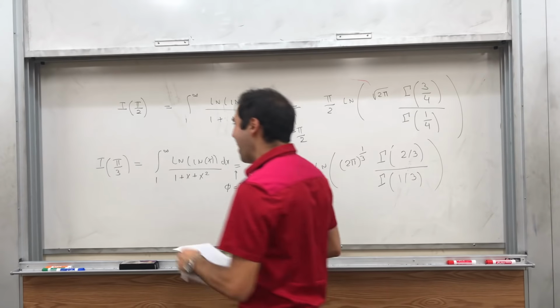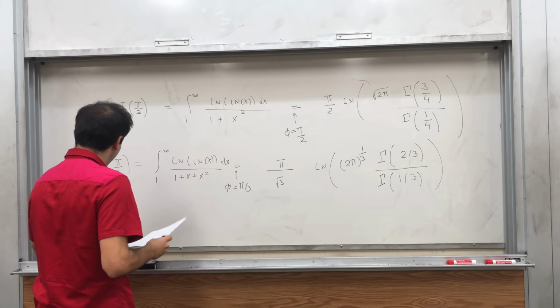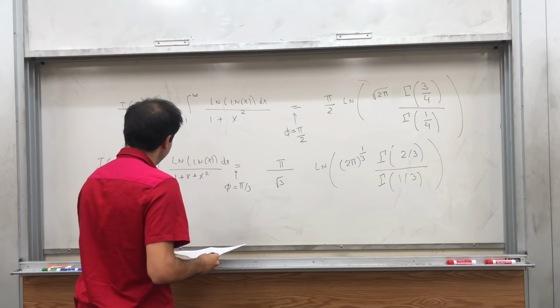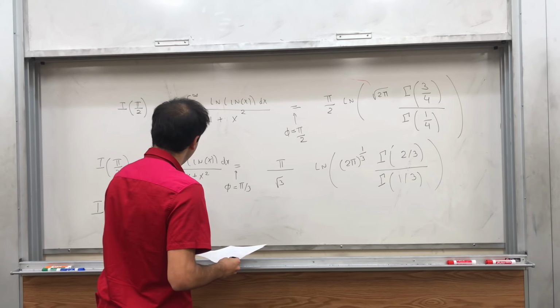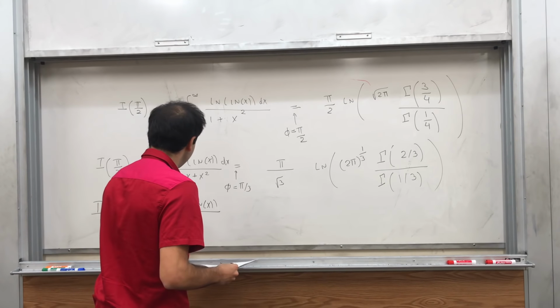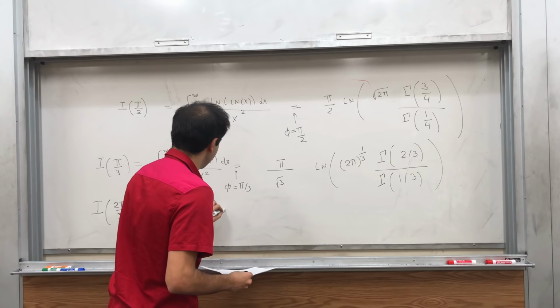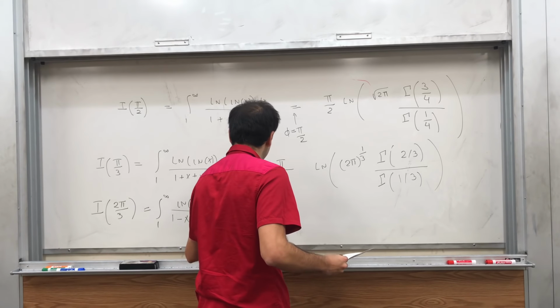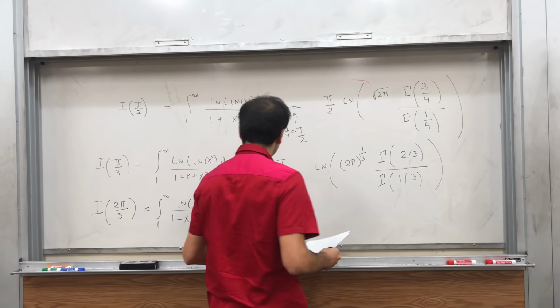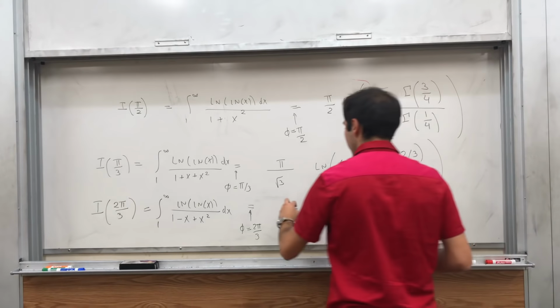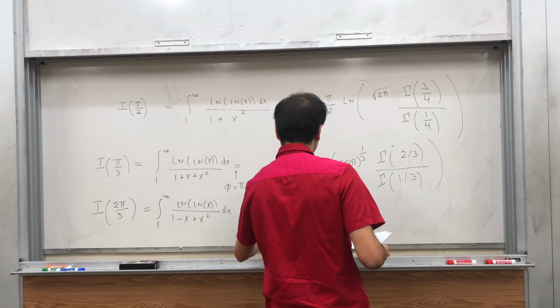So lastly, for I of 2 pi over 3, that becomes the integral from 1 to infinity of ln of x over 1 minus x plus x squared dx, with phi equals 2 pi over 3. So sine of 2 pi over 3 is still square root of 3 over 2, so we still get this.